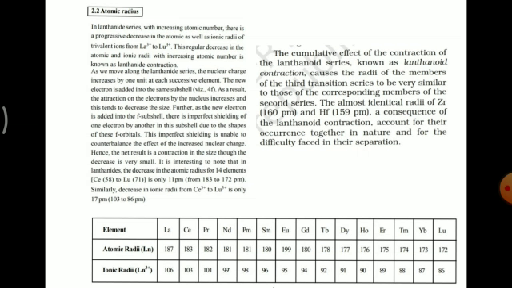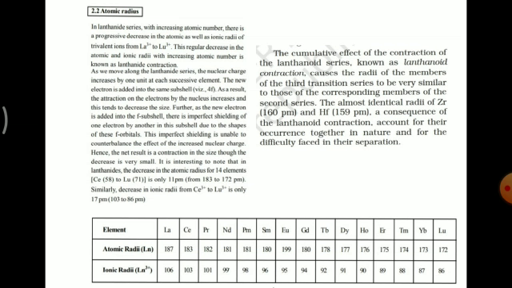Zirconium and hafnium have the same atomic radius due to lanthanide contraction. Zirconium atomic radius is 160 picometer and hafnium it is 159 picometer. That is, the atomic and ionic radii are quite similar. This is the consequence of lanthanide contraction.